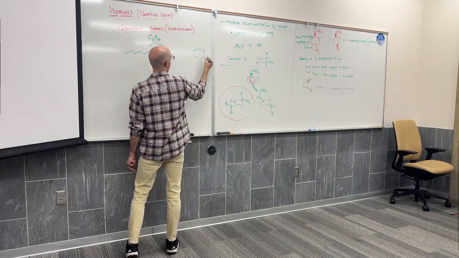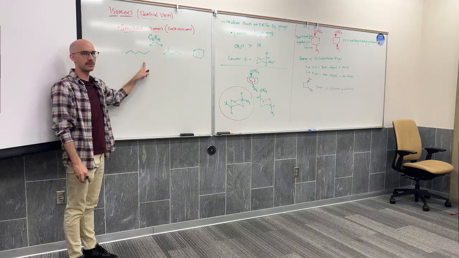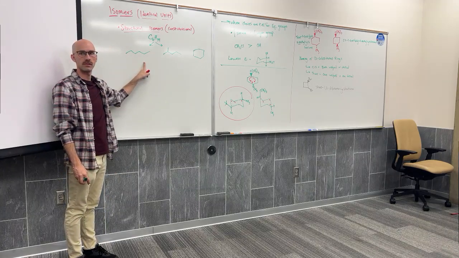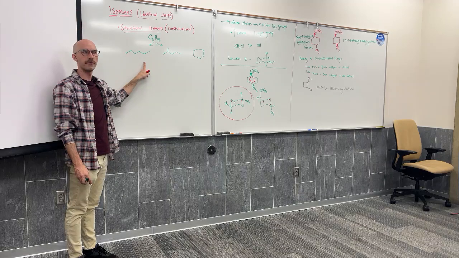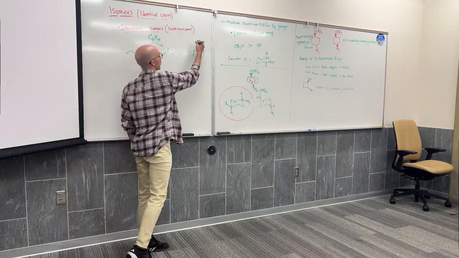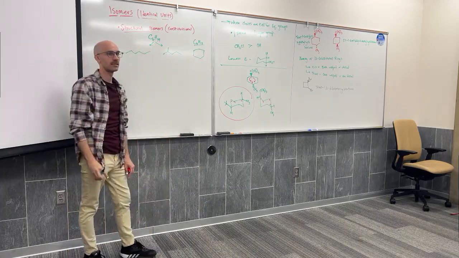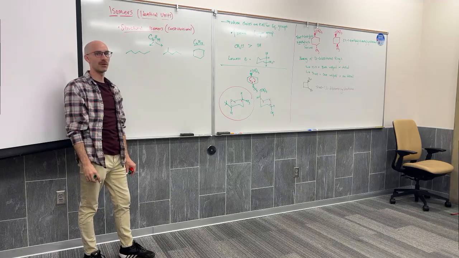Is this compound a structural isomer of these two? Why not? Not enough room for hydrogens. Not enough hydrogens. This has chemical formula C6H12. Different chemical formula.